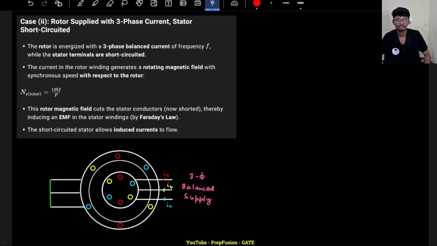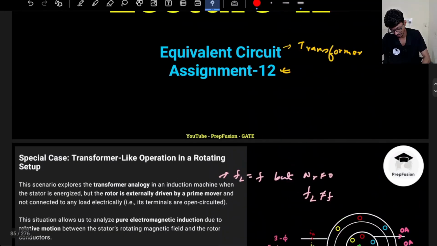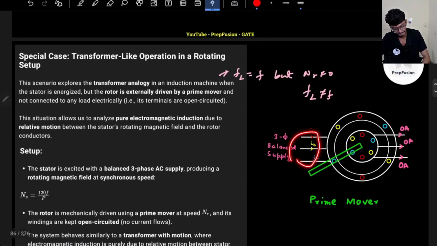I told you one thing, right? Whenever I was giving a 3-phase supply and the other side was short circuited, I told you two things. A torque was developed that will move the rotor. Also, every force has an equal and opposite reaction. So that same torque will have an opposite reaction on the stator.